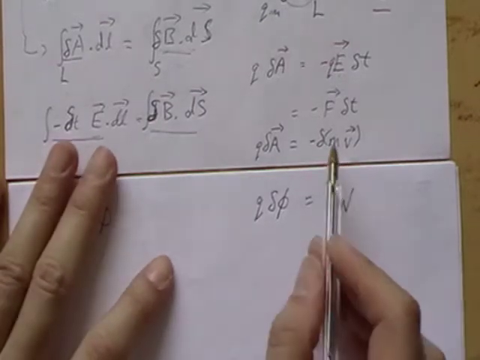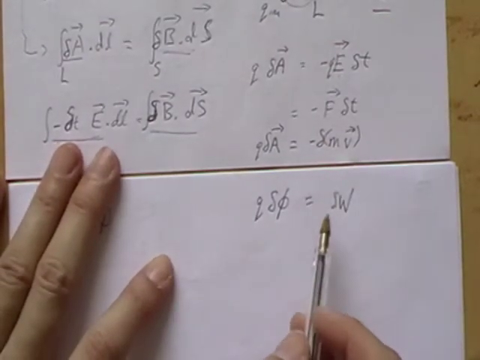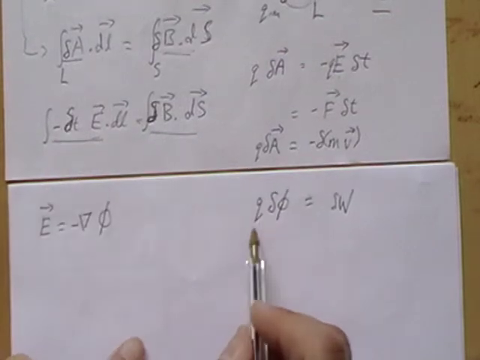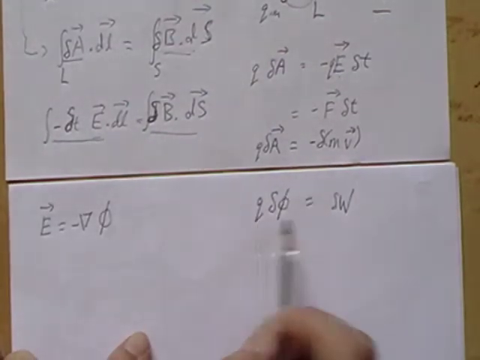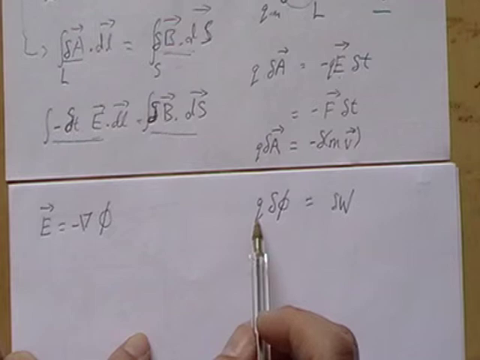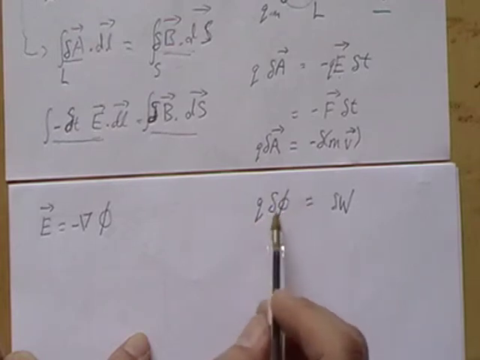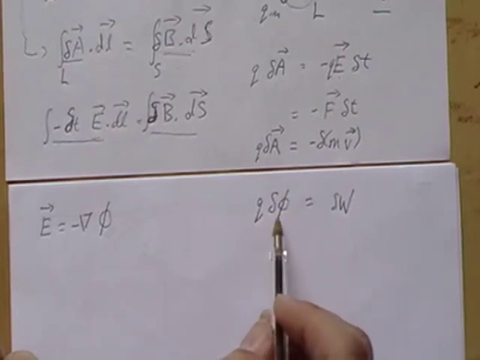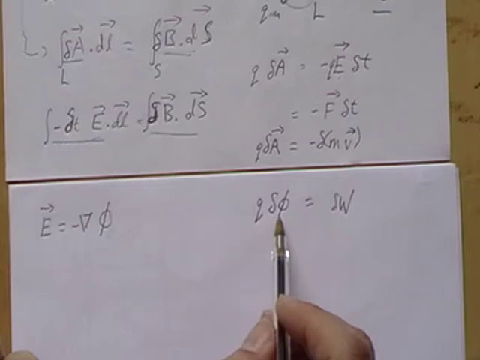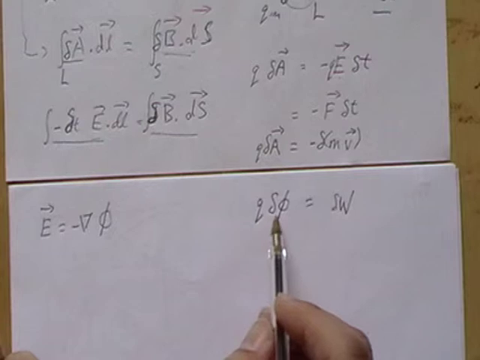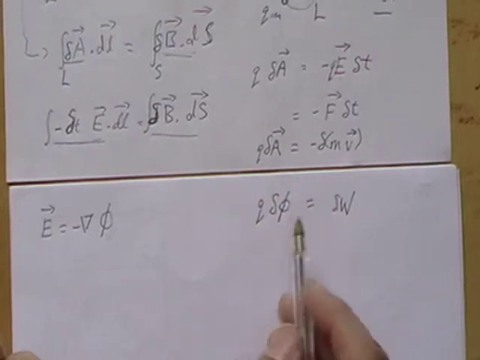Alright, now there is the sign there, so let's put the sign in. Let's make this connection more obvious by doing this sign properly. Let's see when work is done. Work is done when there is a fall in the potential, like when you drop a stone.